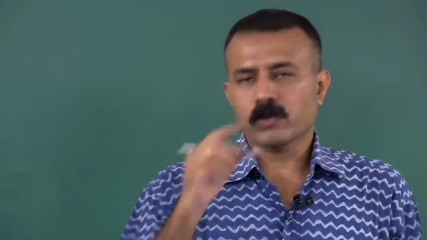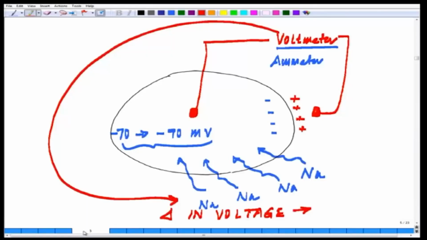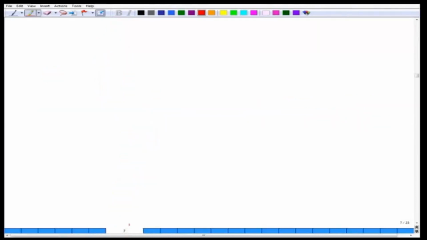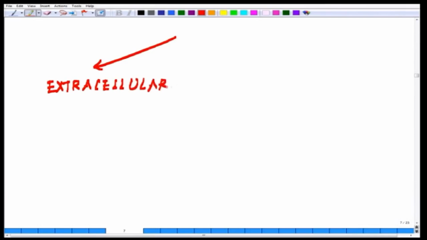Now, the measurement techniques which are being done can be classified into two groups. The first group is called extracellular recording. The second group is called intracellular recording.